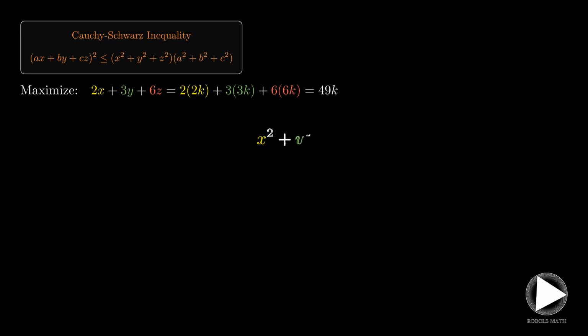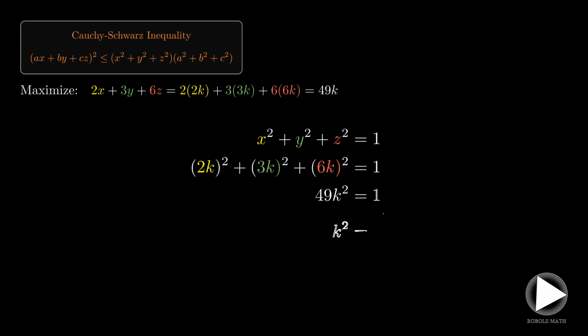We can solve for k by substituting the values of x, y, and z in terms of k in the given equation. We see that the equation becomes 49k squared equals 1, which we can readily solve. The possible values of k are positive and negative 1 over 7.